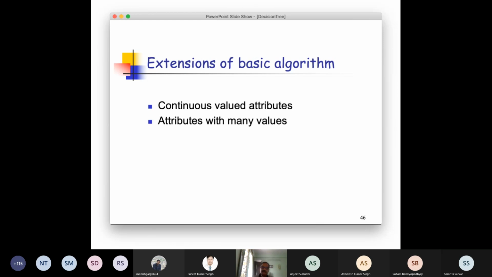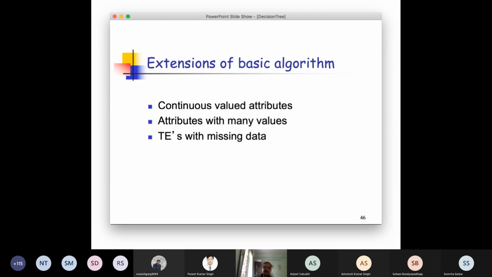So you have to take care of that. You have to normalize with respect to this, if you have many values, so there should be some level playing field between two attributes, one with many values and another with a small number of values. I will come to how to handle that.